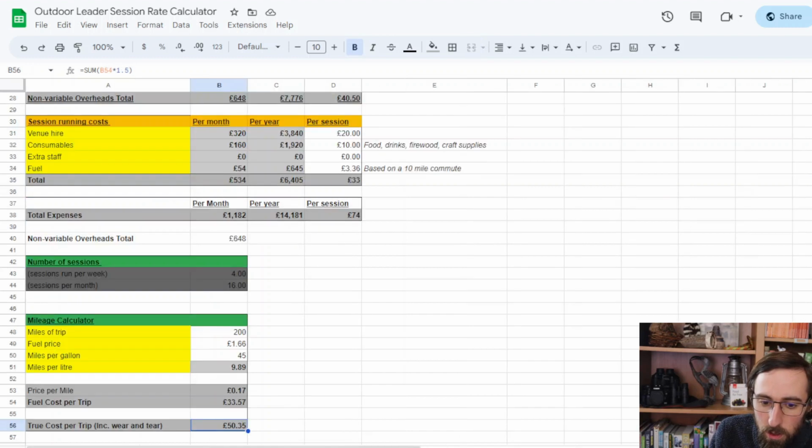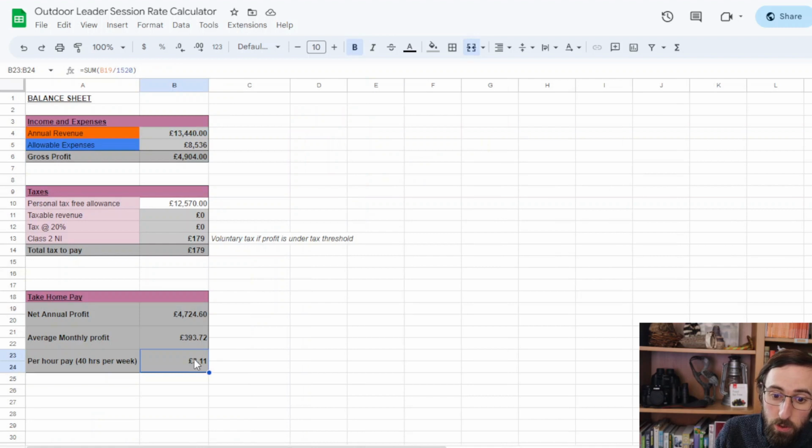If we go back here, you can see per session £74. So if we're charging £10 an hour, let's make it simple, and we're only doing 6 hours of delivery a day, we're losing £14 per day. So that's one to watch out for.